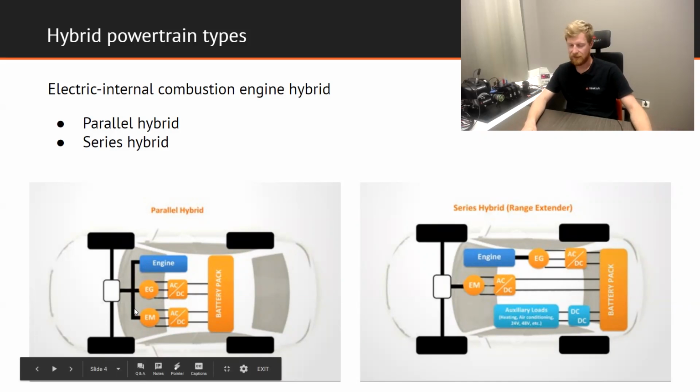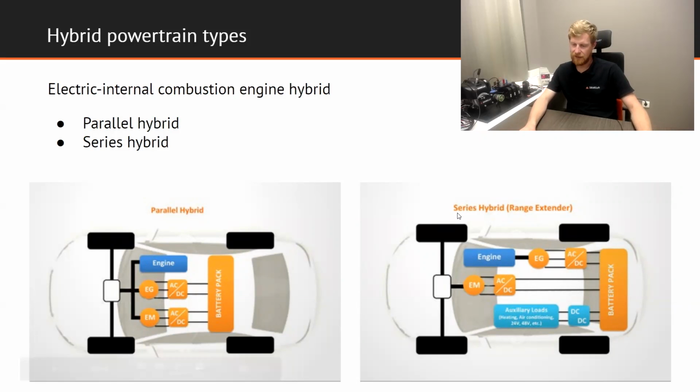If we have a series hybrid vehicle, it means that we have a combustion engine, which is basically a range extender, and it drives the electric generator. So we don't have a mechanical link between the combustion engine and the vehicle.